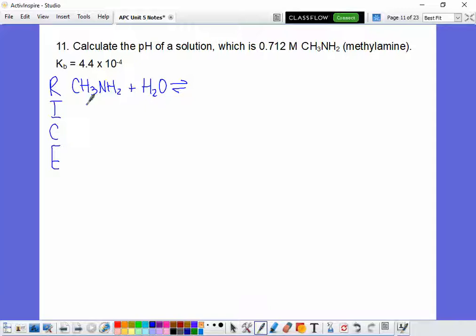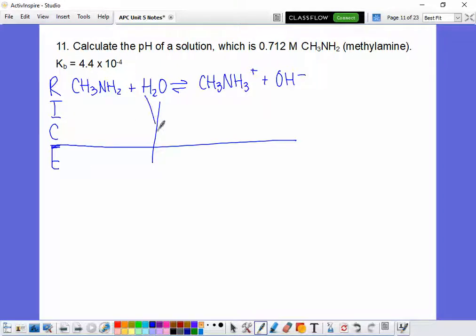So knowing that, what are my products? CH3NH3 plus and OH minus. You can still cross off water because it's still going to be a liquid. The setting up of the RICE table is going to be the same.